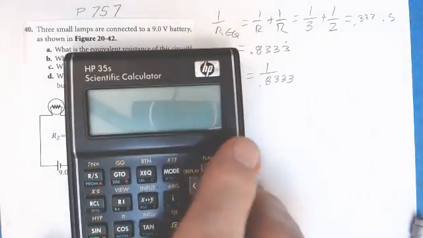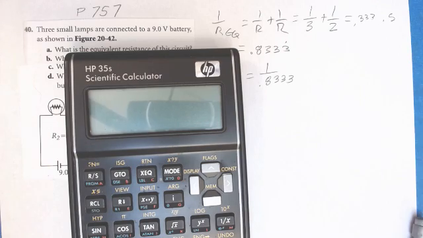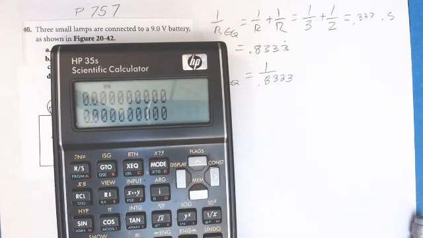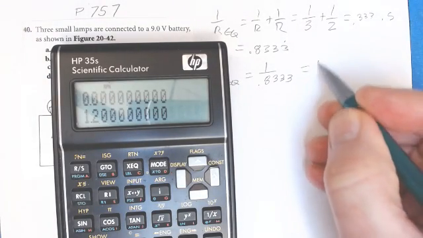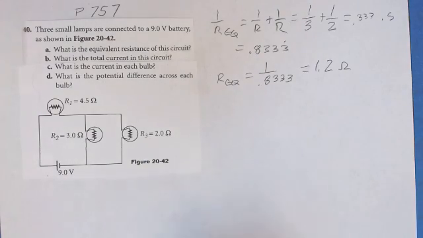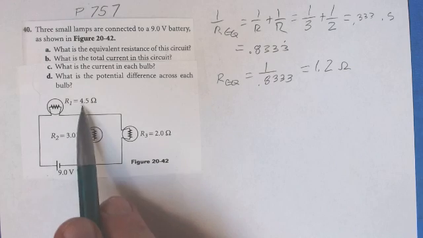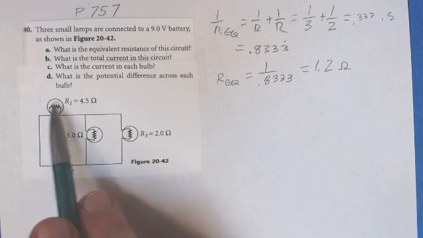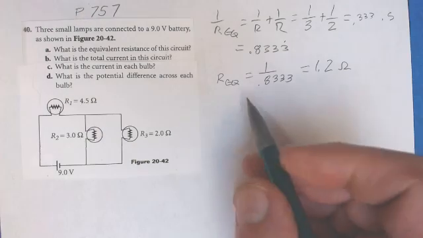So running through this on the calculator, 3 invert, 0.5 plus invert is equal to 1.2 ohms for this path here, and that will be in series with this one of 4.5.